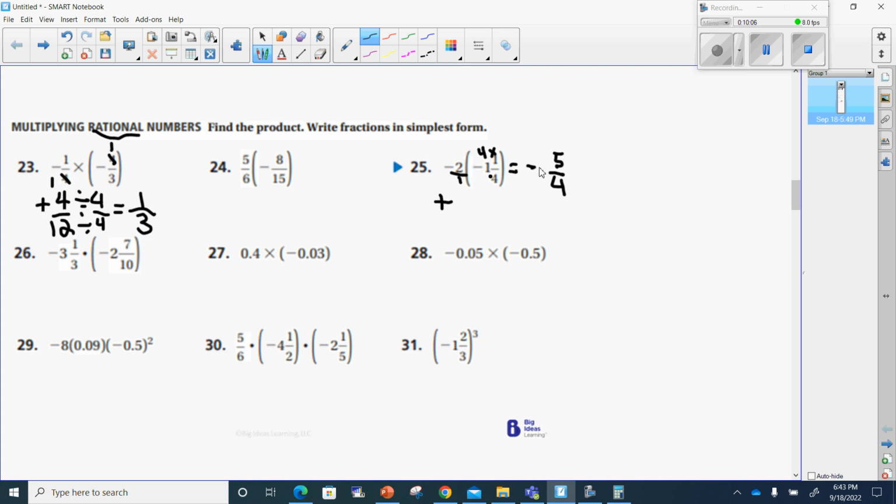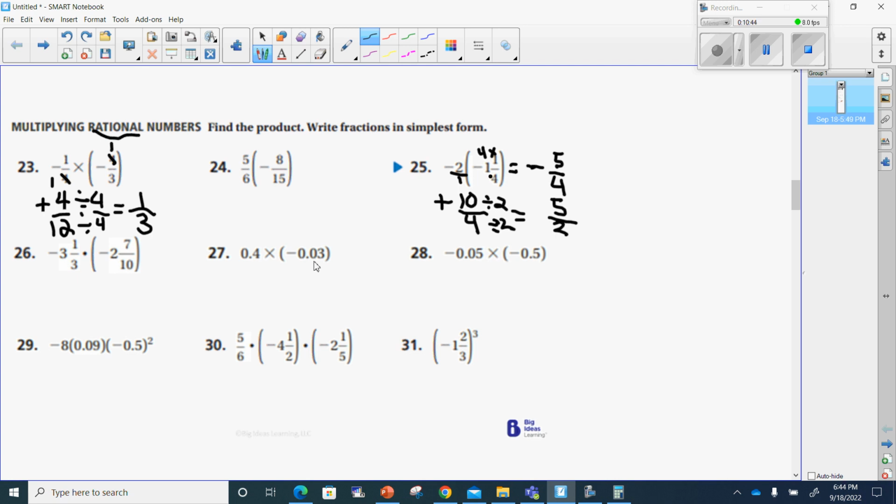So now I have negative 5 over 4 times negative 2 over 1. Negative times a negative is a positive. 2 times 5 is 10, and 1 times 4 is 4. I can reduce these both by dividing by 2. That's going to equal 5 over 2.